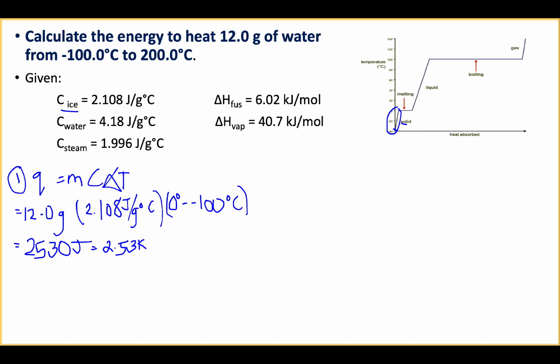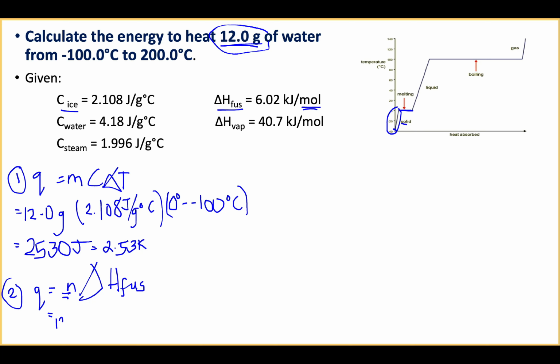Okay. Number 2, we are now here. Phase change. So the formula that you're going to use is the moles times the heat of fusion because it's melting. Okay, so you are given grams of water and the molar heat of fusion in moles. What you have to do is to convert this into moles, hence the n here.